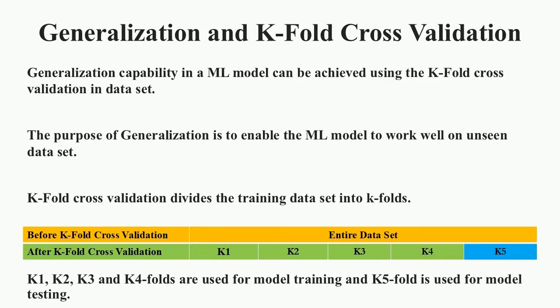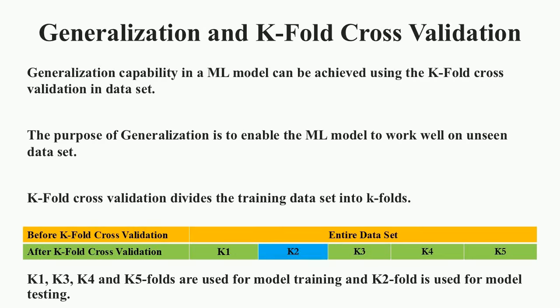As here, k1, k2, k3 and k4 are used for training, and k5 is used for testing of the model. In the next iteration, k1, k2, k3 and k5 are used for training, and k4 is used for testing the model. Similarly, k1, k2, k4 and k5 folds are used for model training, and k3 fold is used for model testing.